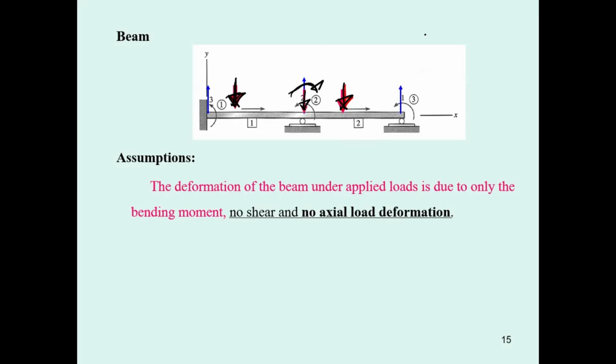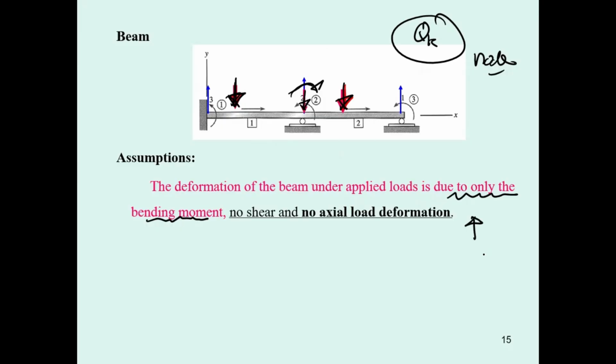Okay, Q sub K is always taken at the node, not the end of the member. And since there is no horizontal force, the deformation of the beam is going to occur only due to the bending moment, and the degrees of freedom of the beam are going to have this kind of differential settlement and also the bending moment, and then you have only 2 degrees of freedom for the beam.